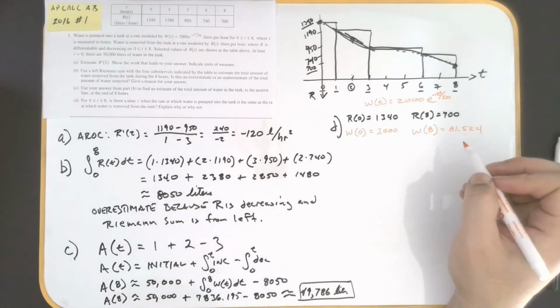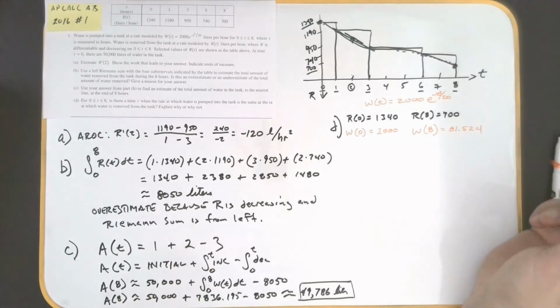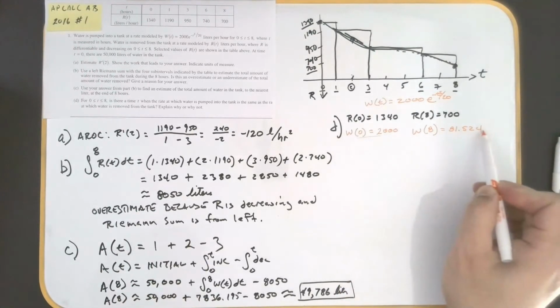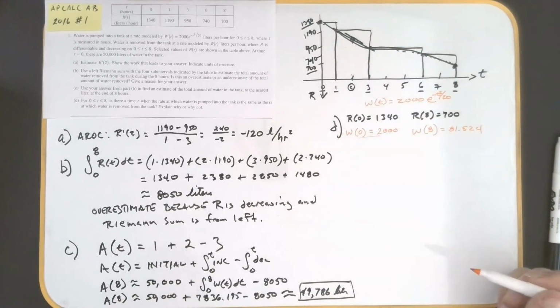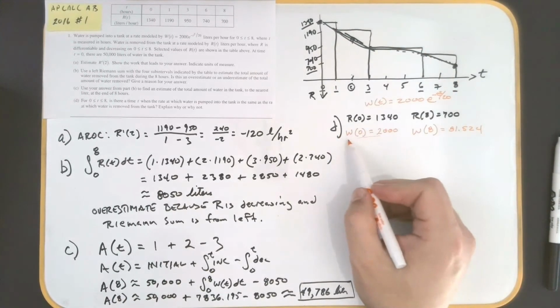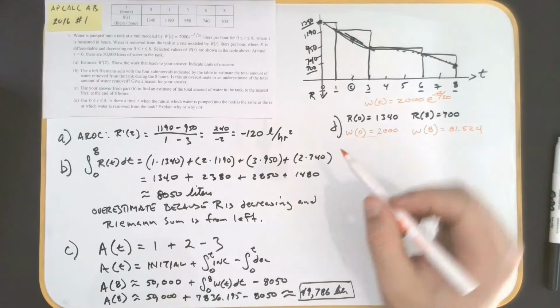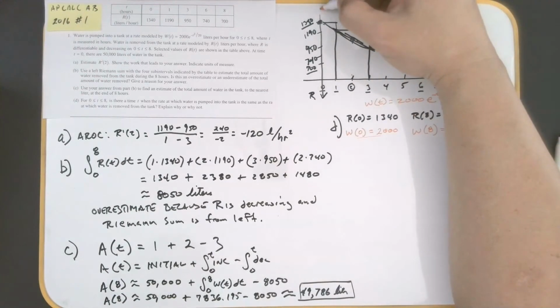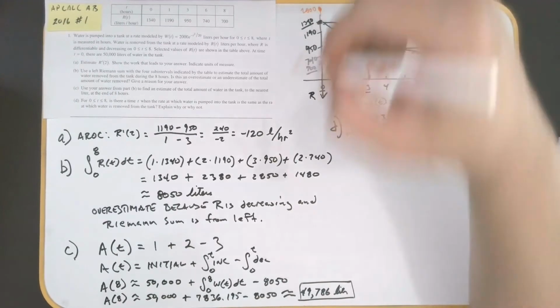Now the reason I'm doing that, just to show you what's going on here, is I'm going to graph these 2 points on here just to show you what would happen. So W of 0 is 2000. So right up here, I'm going to extend this a little bit. I'm just going to put a point up there and say, well, that value 2000 would be up there if I were to graph it.